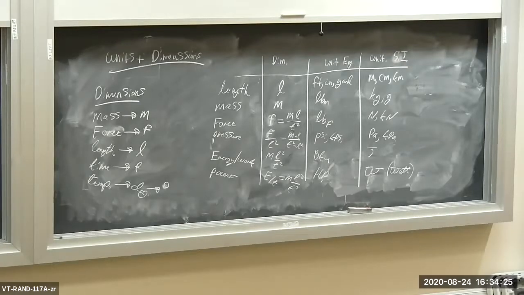A system is a fixed amount of mass, or a given location or region in space.